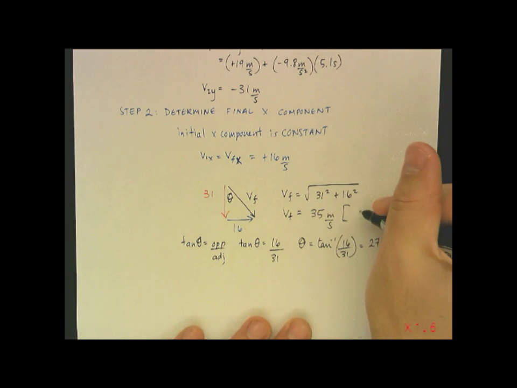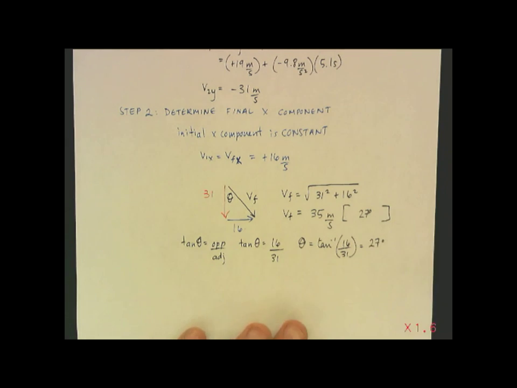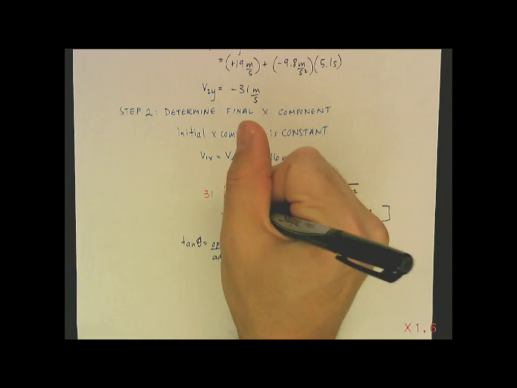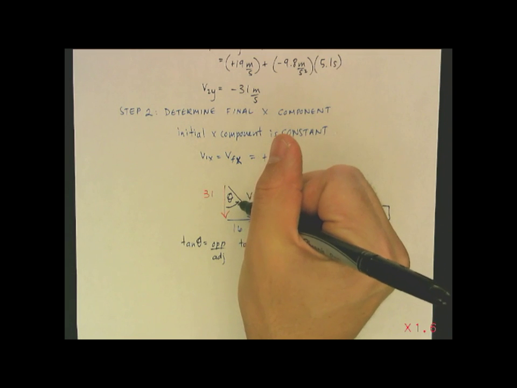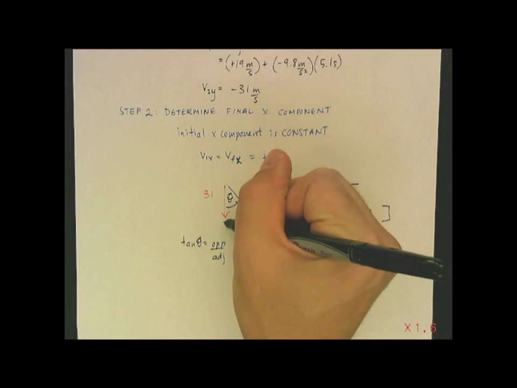We have to report the direction of the final velocity of this projectile. It is 27 degrees, but how do I express that? It is 27 degrees to the right of what? Take a look at this drawing. What direction is that? Down.